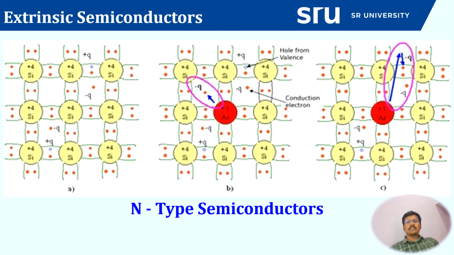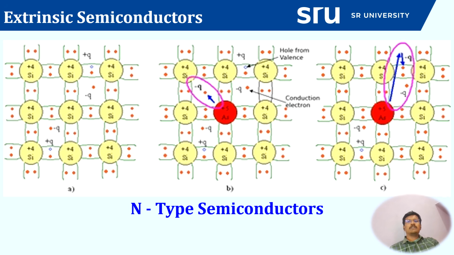Now let us understand what happens when phosphorus is added to silicon. Silicon has 4 valence electrons and forms 4 covalent bonds with the neighboring atoms. A phosphorus atom has 5 valence electrons.